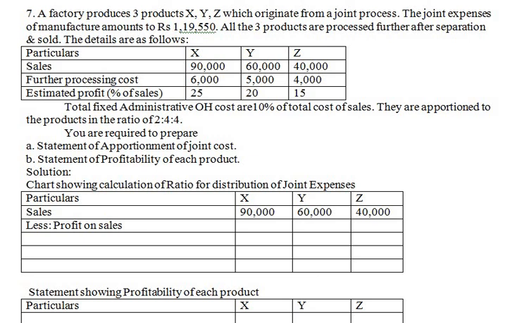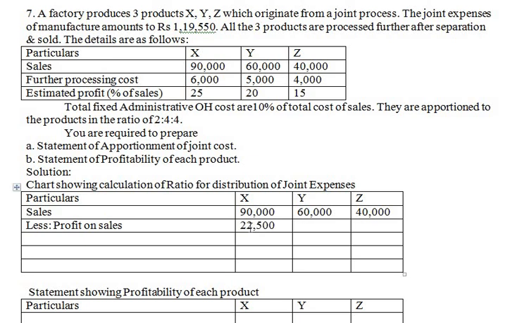Now for product X, it is 90,000 into 25%. Here the estimated profit percentage is given on sales, right? So 90,000 into 25% is 22,500, the profit.